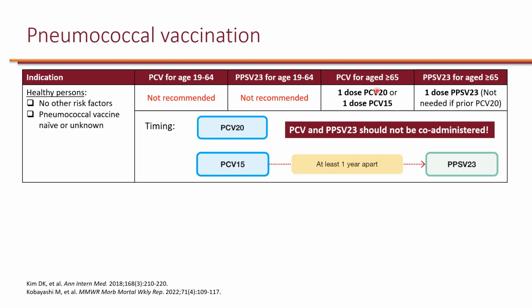Now, however, because there is a gap between PCV15 and 20, it is recommended that if somebody chooses to get PCV15, they should also get a dose of PPSV23 at least 1 year later. It's important to note that PCV and PPSV vaccines cannot and should not be administered at the same time.